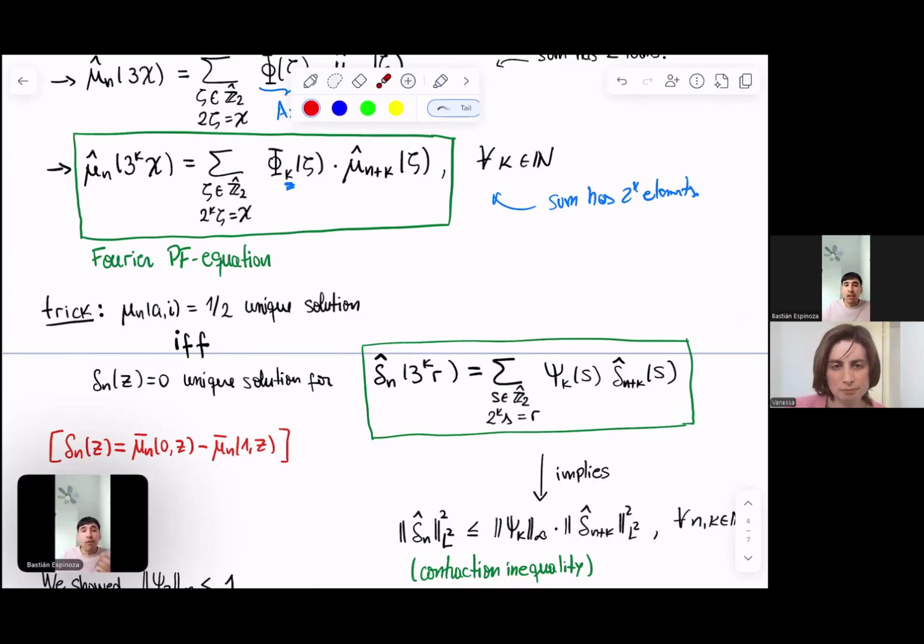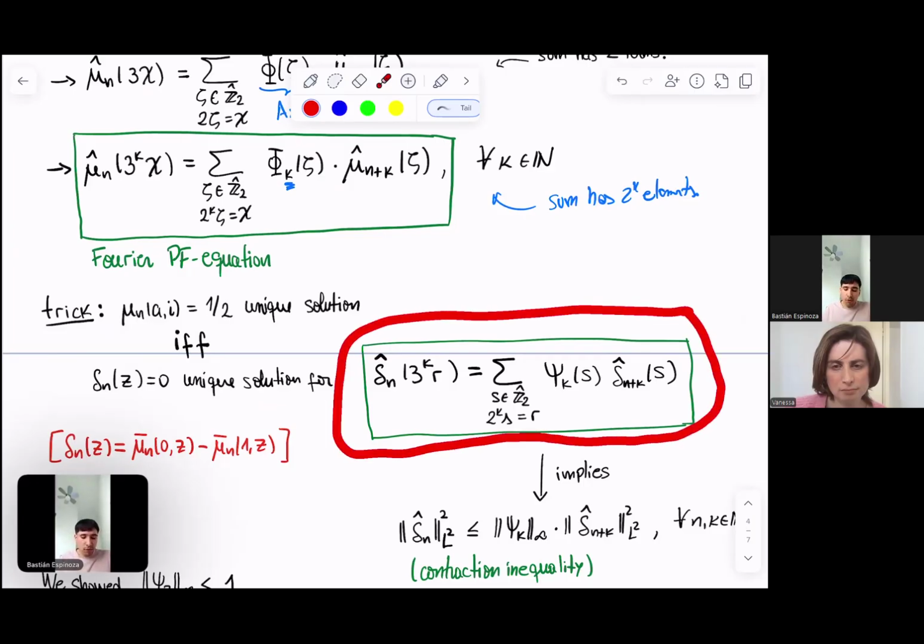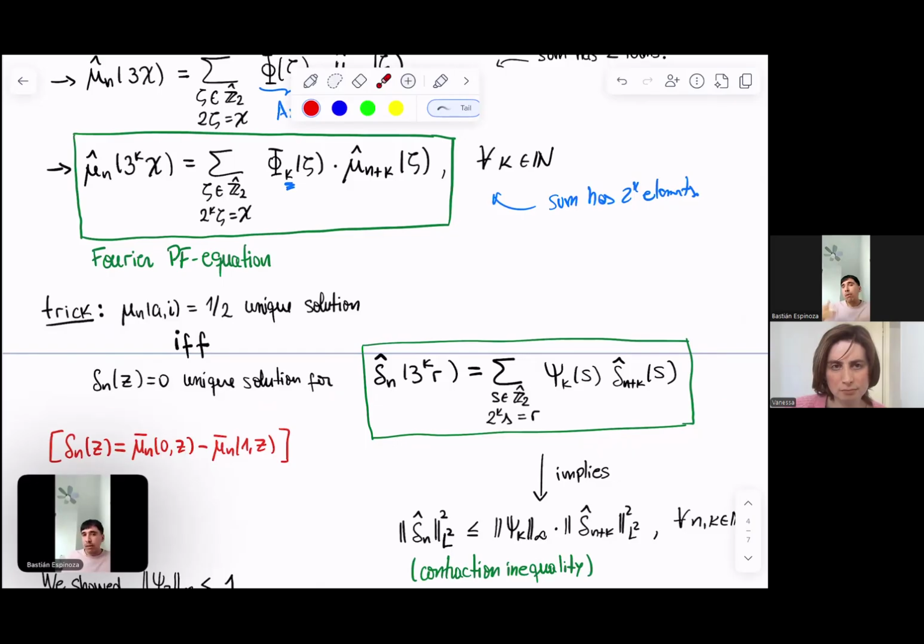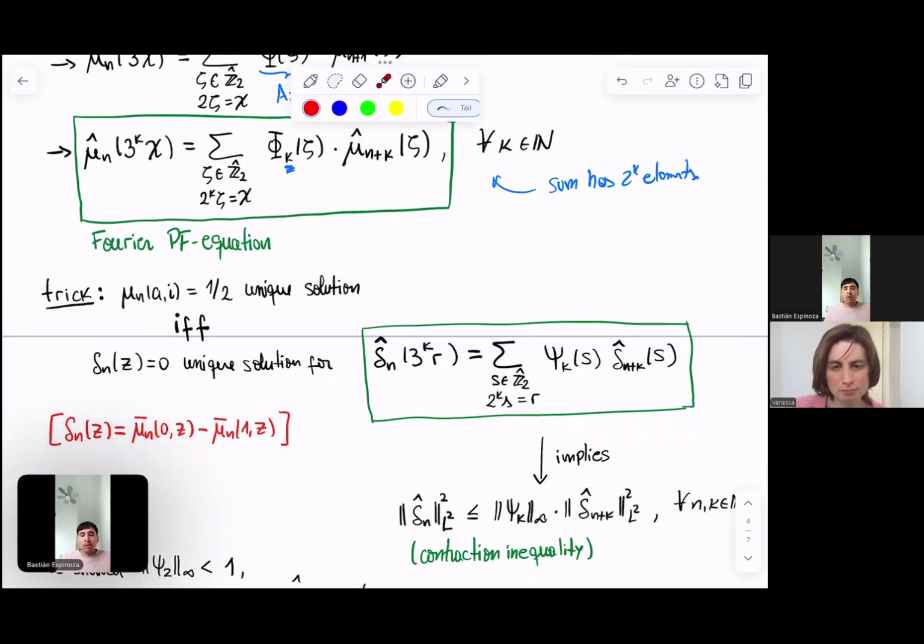And of course, this is general, but what is particular to the case of the Thue-Morse substitution is that the previous equation, the Fourier-Perron-Frobenius equation, translates into a very nice equation for this delta quantity, and more precisely, the Fourier transform of this. And we're doing this because, of course, it is easier to prove that the only solution to something is 0 in comparison to proving that the only solution to something is 1/2.